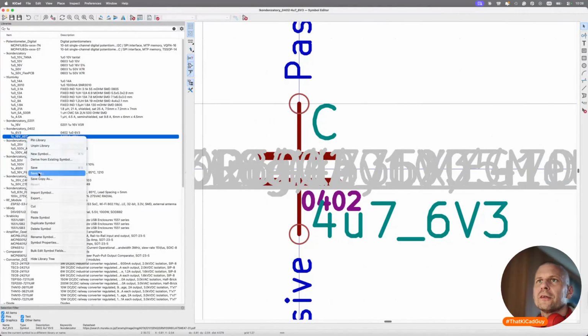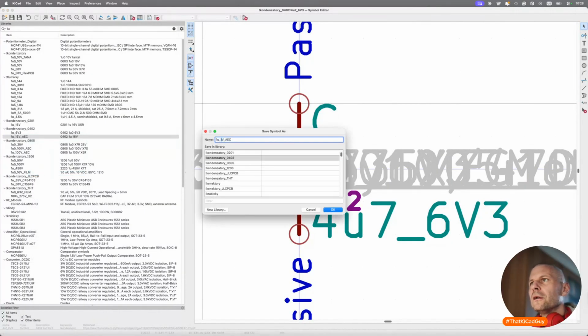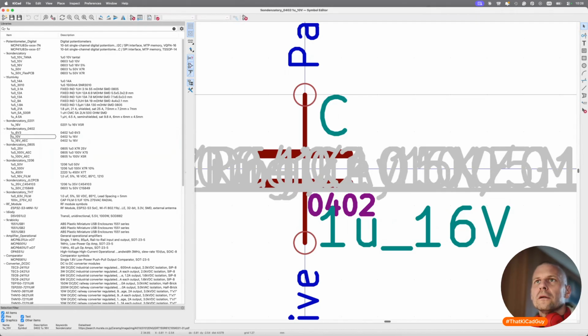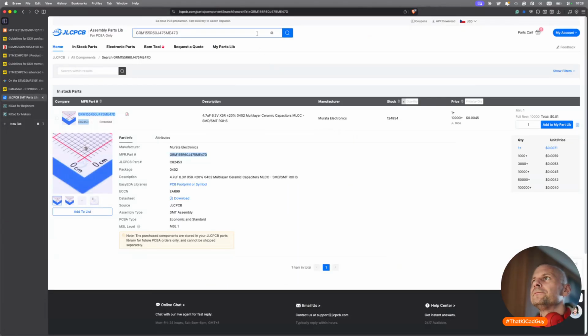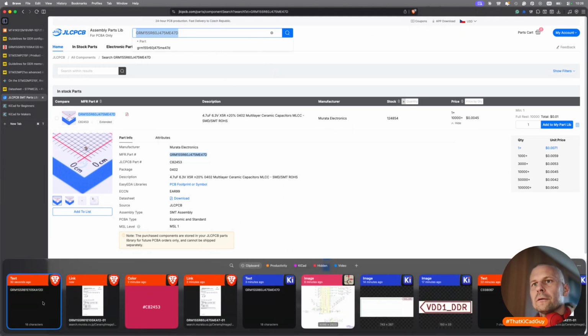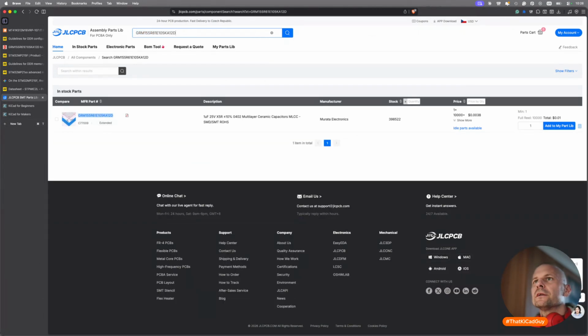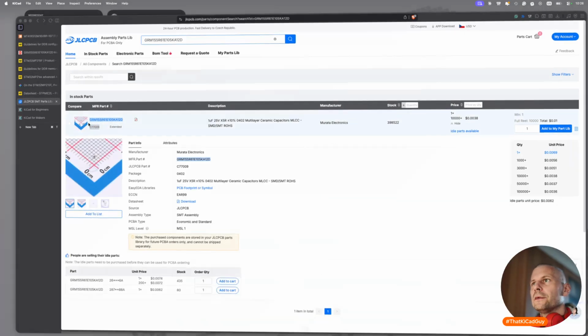Okay, so I will create another one. So, data sheet, it's already there, and the GLC code is here.